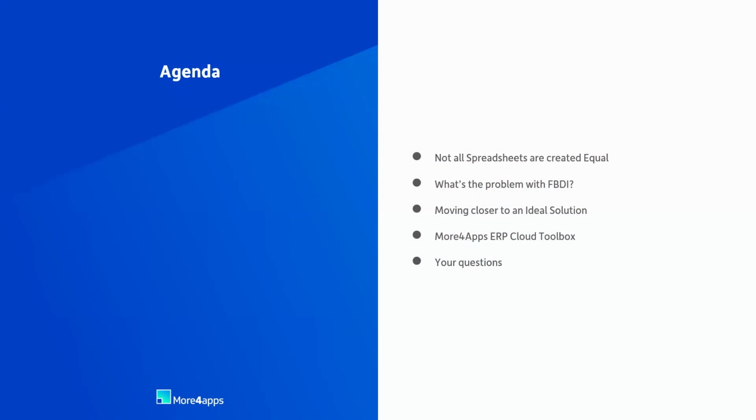And we'll also interrupt the session briefly at one point, quite early on, to get some feedback from the audience on your experiences with FBDI, just to get a gauge of what the feeling is about that tool in the community. And as Stephanie said, we'll have Q&A at the end. So yeah, maybe log your questions in the chat or say them towards the end, and that would make things run a little smoother.